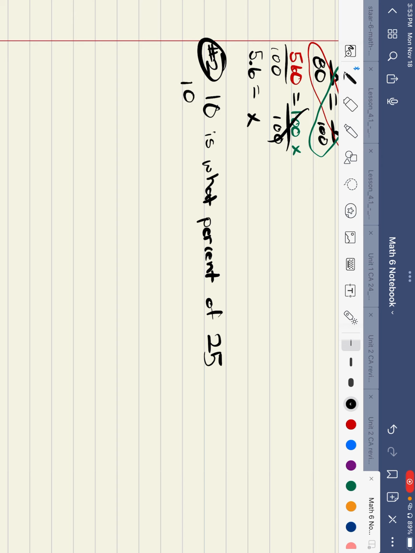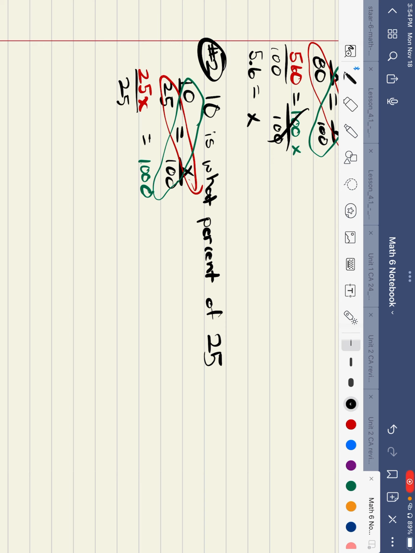We have 10 in our is spot, 25 in our of spot equals what percent? We don't know our percent. You do your cross multiply, you end up with 25x. Over here, you end up with 1,000. We got to divide by our 25 to get it to go away. We end up with x is equal to 40.